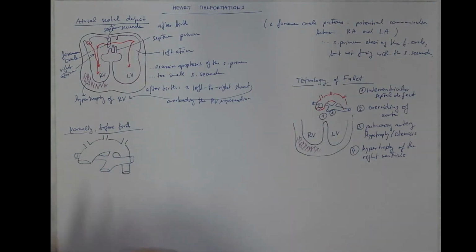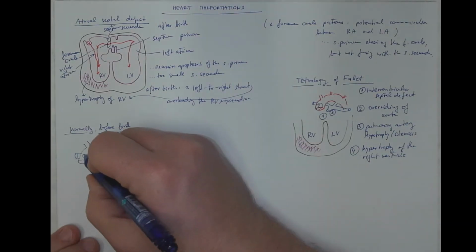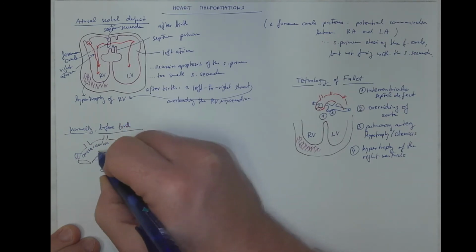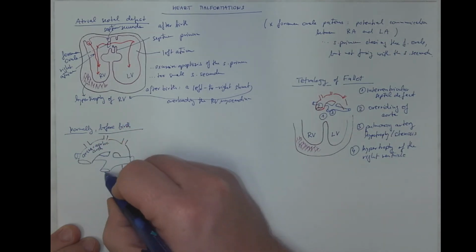Normally before birth, well, this is the arcus, the aortic arch. This will be the pulmonary trunk.